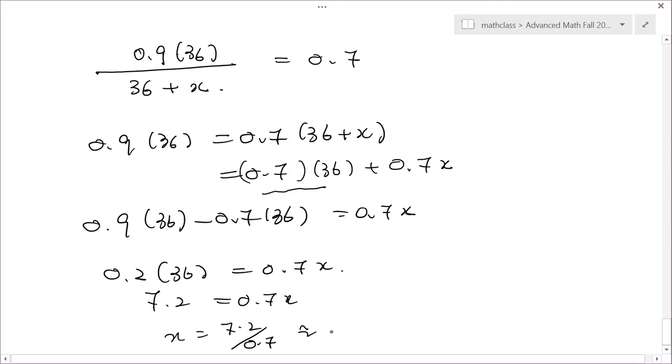It's about 10 ounces, to be exact, about 10.28. So 10.28 is slightly less than 1/3 of the 36. So if you want to do a rough estimate, you just add slightly less than 1/3 of the original amount, and then you get a concentration of about 70%, and then you can use it.